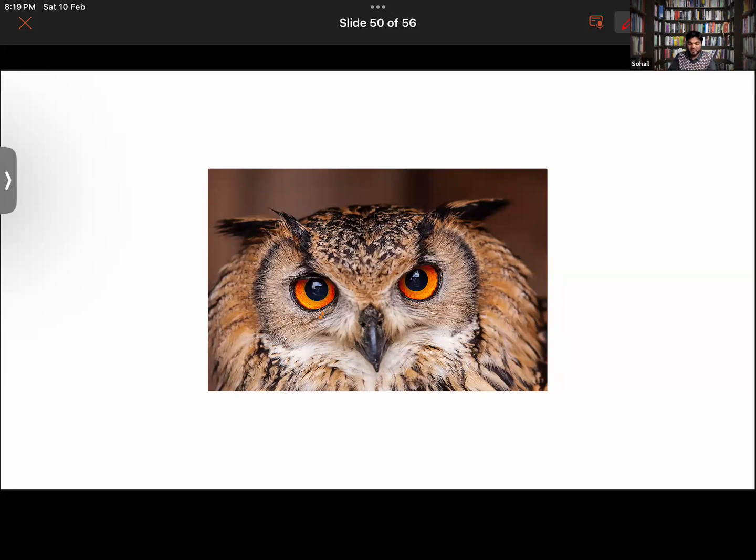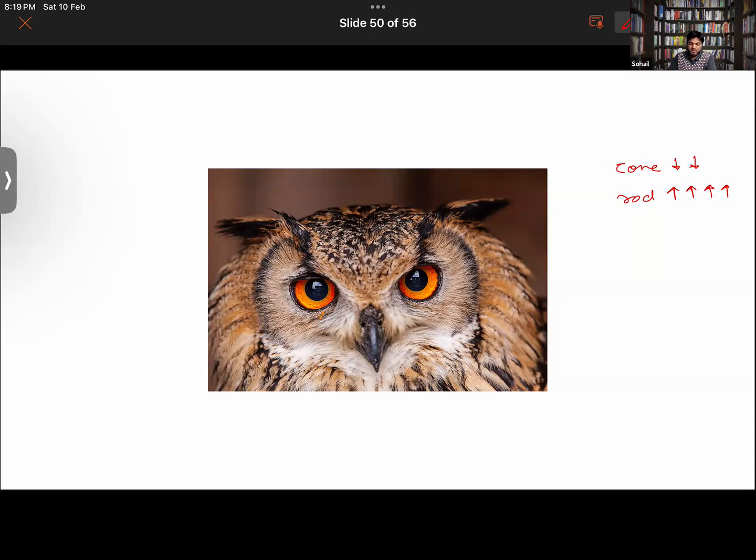Second thing is that out of cone or rod cells, which one is found more in them? Rod cells, sir. Exactly. Rods. So they are having more number of rod cells. That's why they can see in the night. They have night vision. While they have got very less number of cone cells.